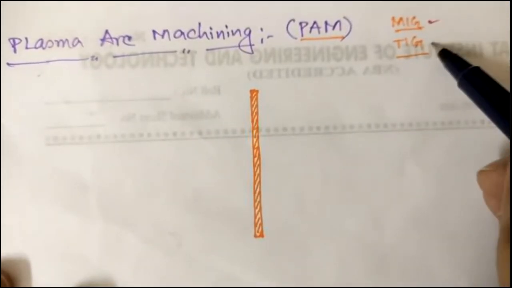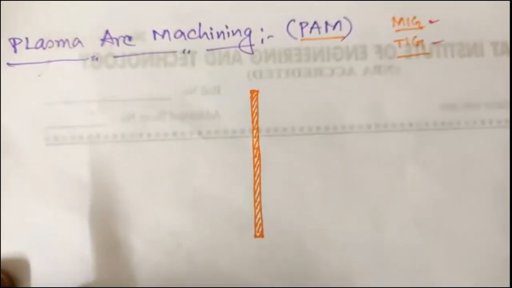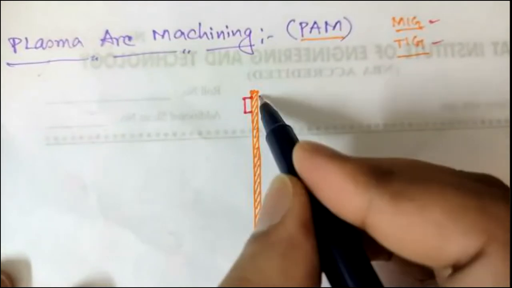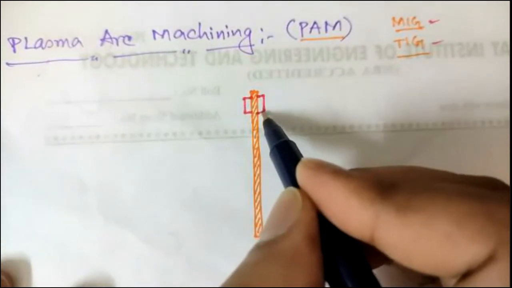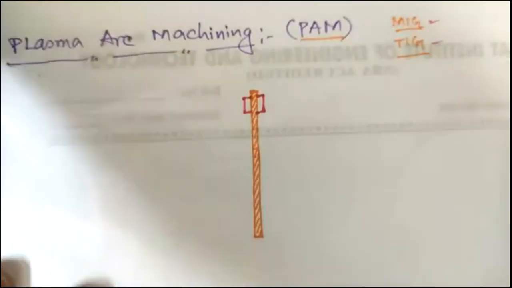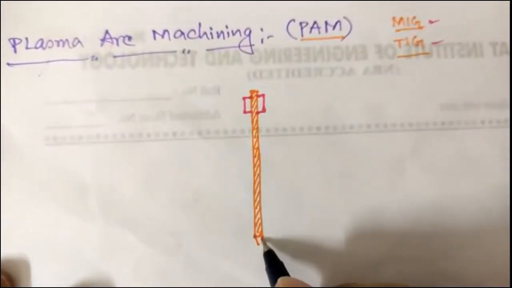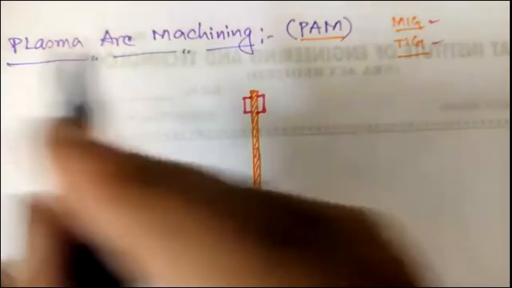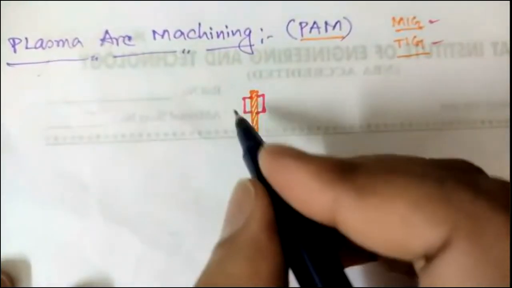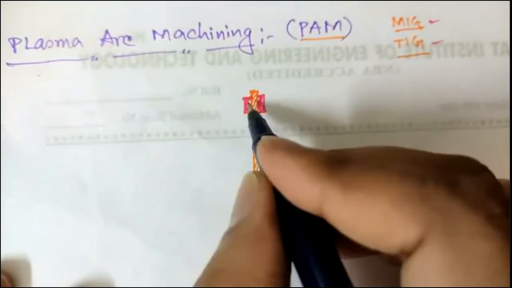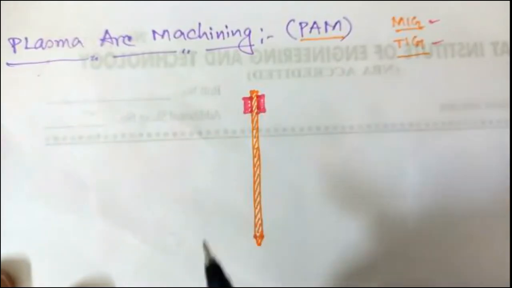So Manideep, you only answer. What is the difference between MIG and TIG? Basic difference, can you tell? In metal inert gas welding, we are using some flux material, sir. Okay, and what about TIG?